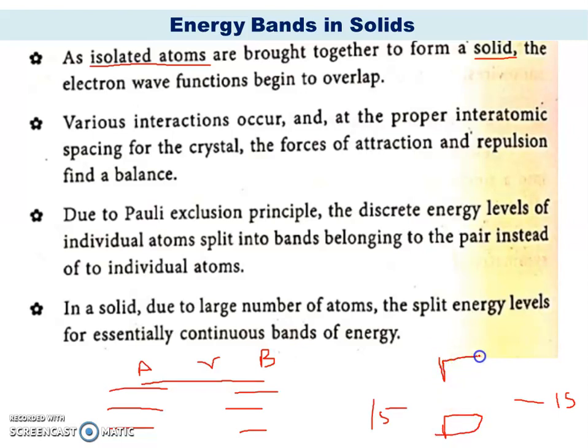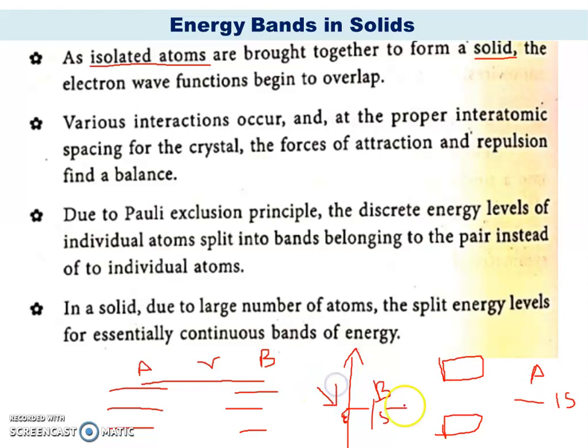So when two orbitals overlap, we end up with two new energy levels which are not at the same energy. This is the energy scale. This is the 1s level of this atom, and this is the same energy of the other atom. So the 1s energy of A atom and 1s energy of B atom are the same.